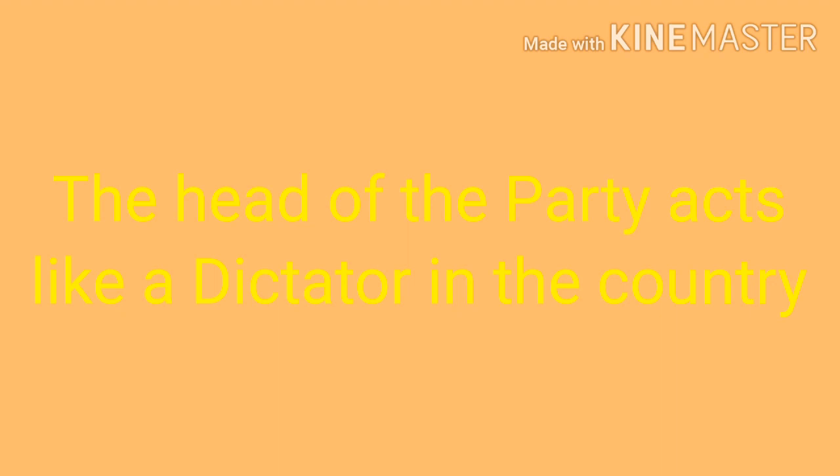History tells us that during the period of Stalin, the former USSR, or the Soviet Union, was ruled by Stalin just like a dictator. There was no freedom of press or expression. All this happens in countries that follow the one party system.